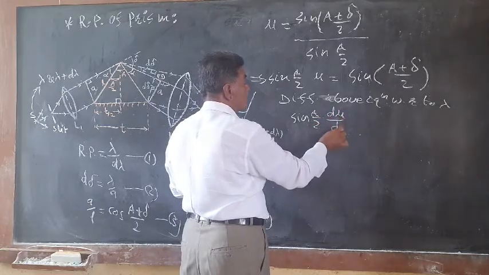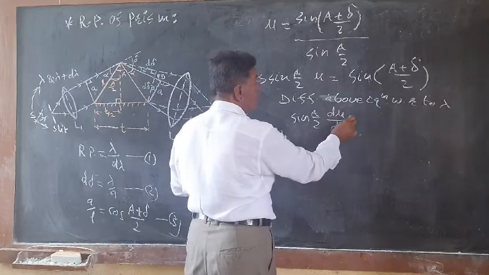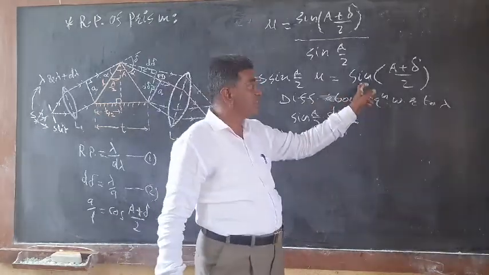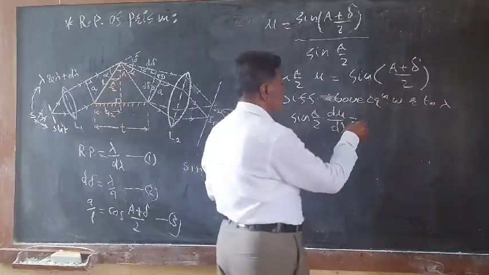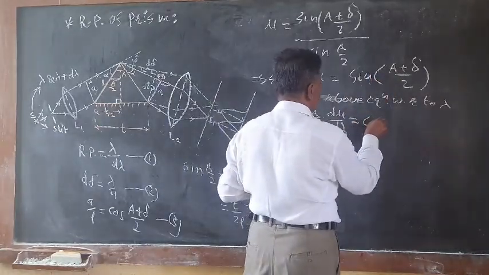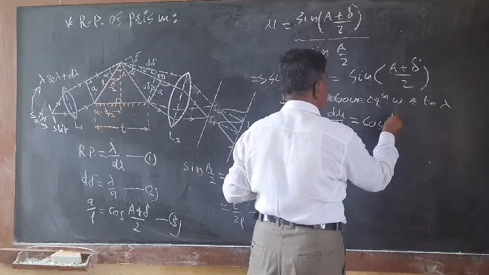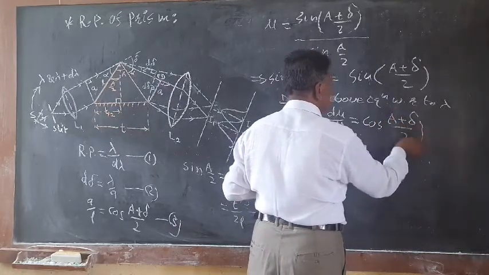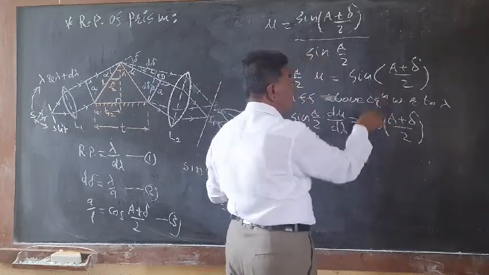This will be equal to, now the differentiation of sin of some angle gives rise to cos. So cos of (A plus delta) divided by 2, this is the differentiation of sine.